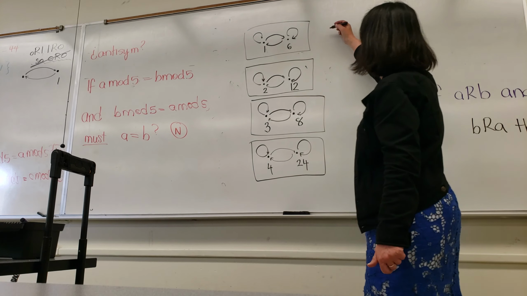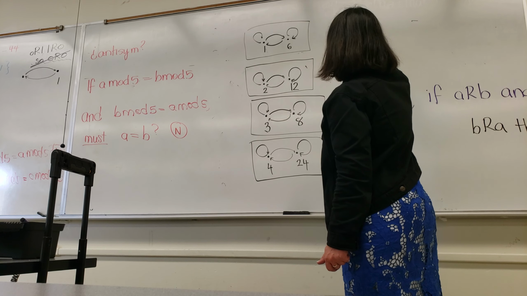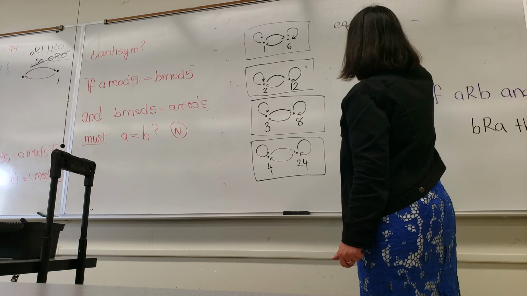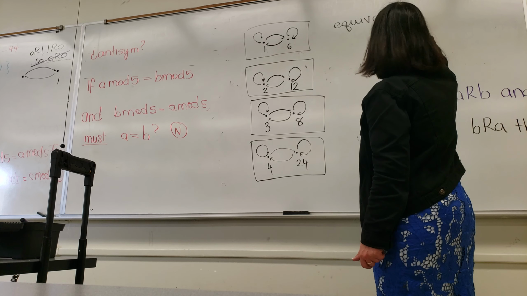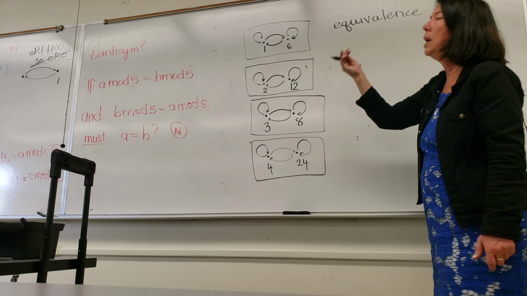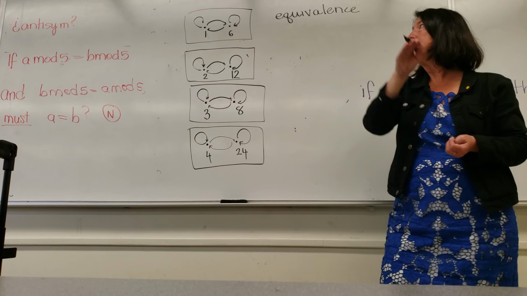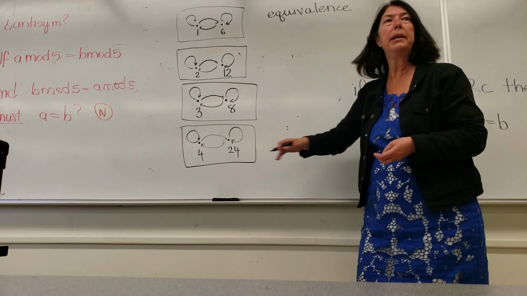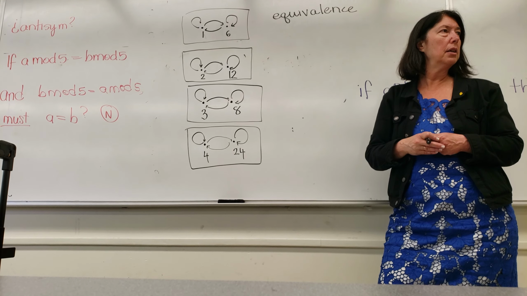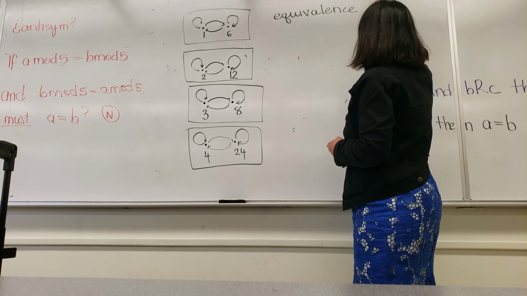And those little clusters are called equivalence classes. So for the purposes of doing mod 5, 1 and 6 are completely interchangeable with each other. And they're totally different from everybody else in the other groupings. So these are called equivalence classes.